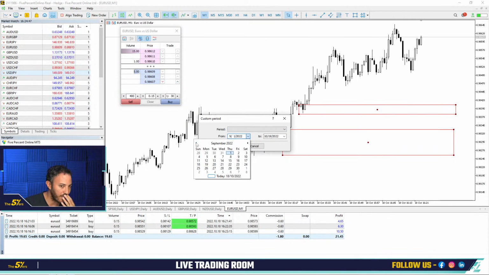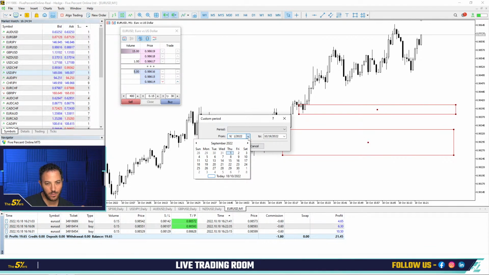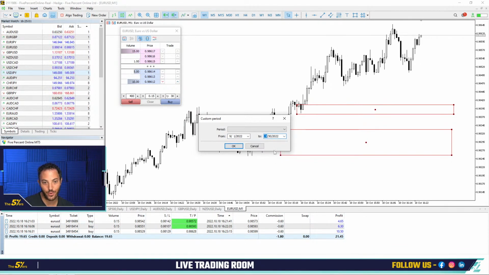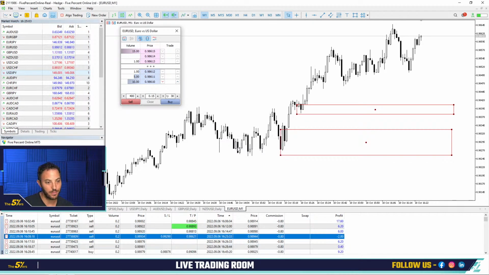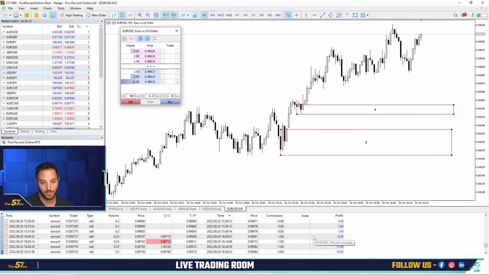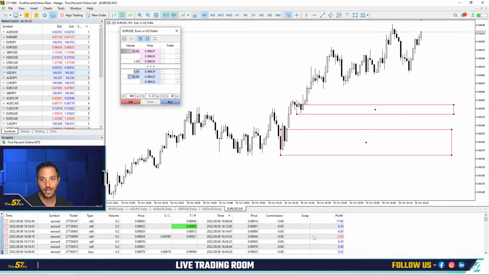There were a lot of holidays here, so I don't know if I was very active, but there were very few days I traded this account for September. And still I made $500. If we analyze the performance of this account, I traded probably 4 or 5 days.